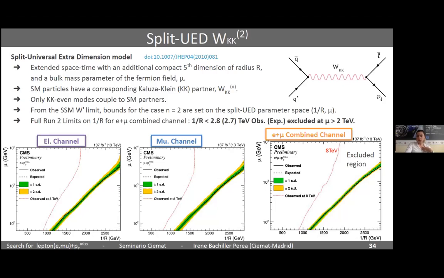It is excluding 1 over R already in 2.8 TeV. If you compare with the exclusion limit of rank 1, that is in red, this line, we have already excluded a bigger portion of this plane.